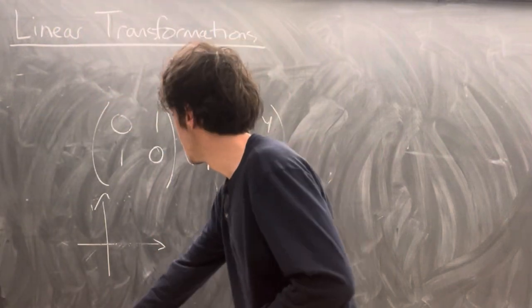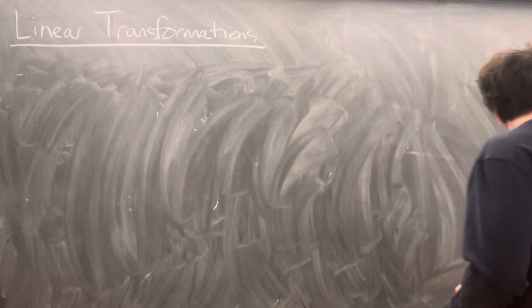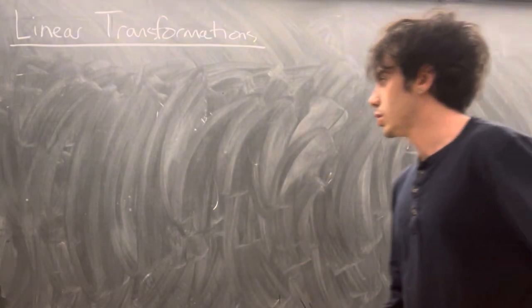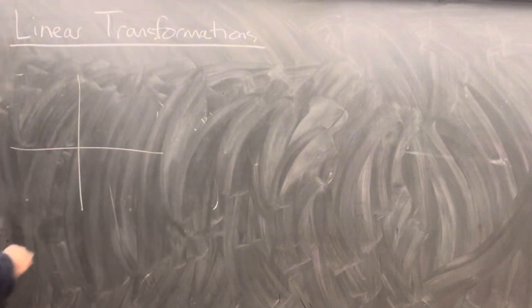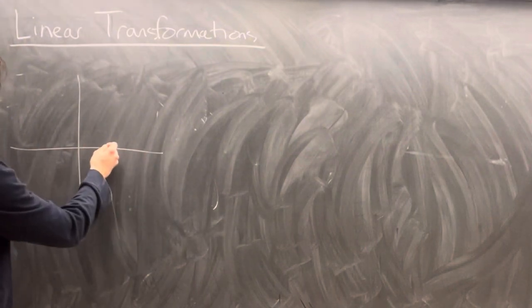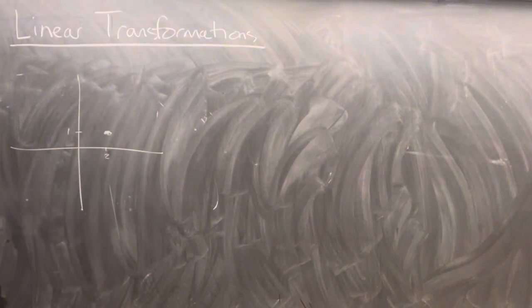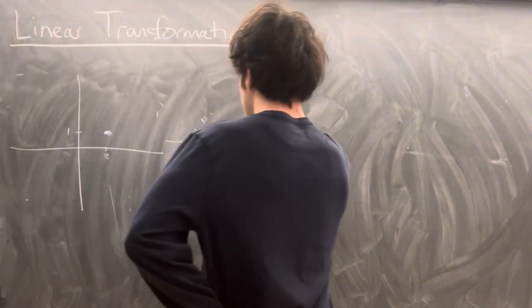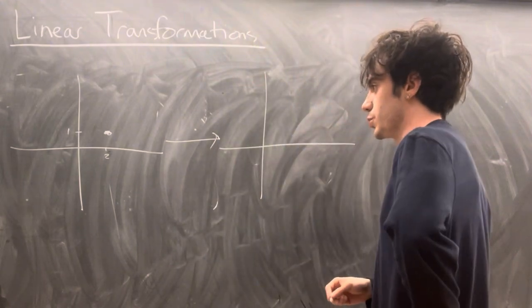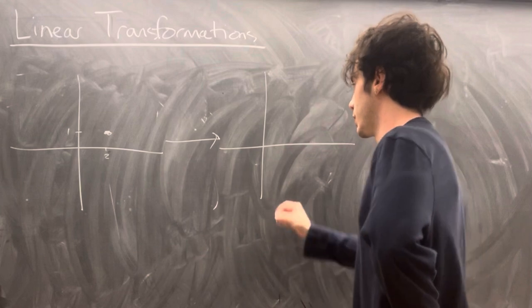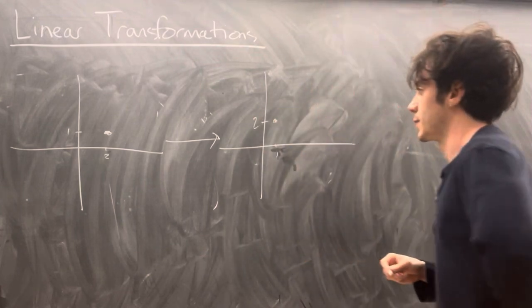I'm actually going to erase this just to give it a little more space, but let's think about if we have our graph and we take the point 2, 1, right? So this is 2, 1 here. And then if we apply T, it's going to move our point to 1, 2. And 1, 2 is going to be somewhere here.